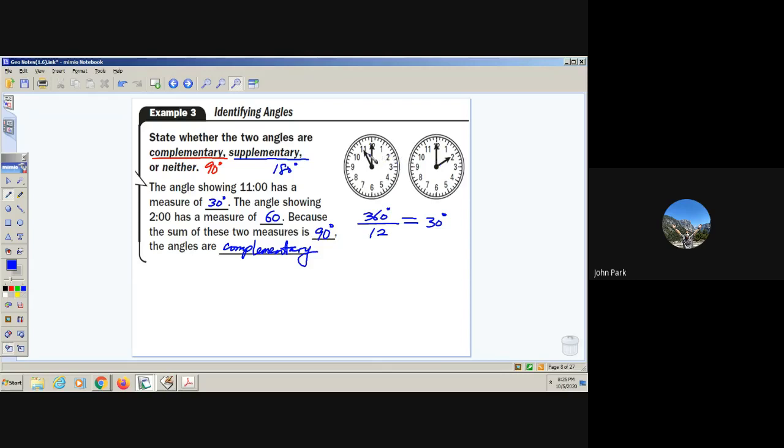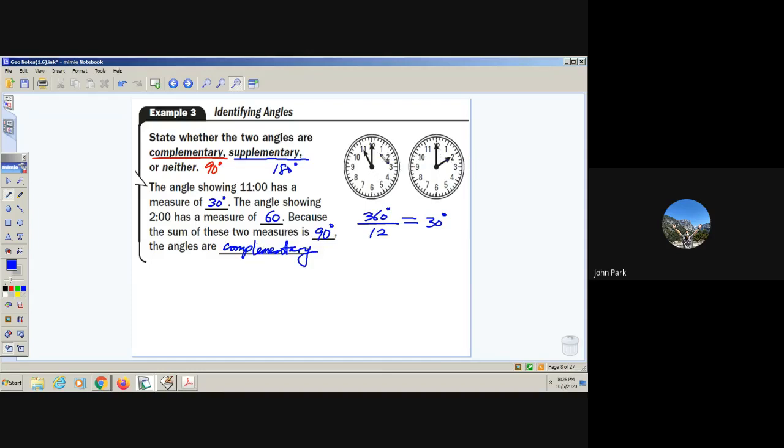So again, here is 30 degrees, here is 60 degrees. So 30 degrees plus 60 degrees is 90 degrees. So these two angles are what we call complementary angles, because they add up to 90 degrees. Now, even though they're not next to each other, that's okay, right? They could be next to each other.